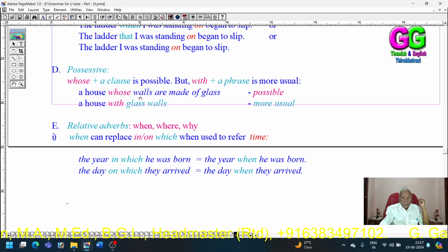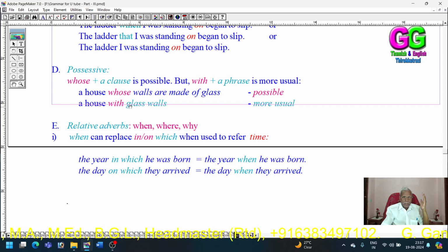A house whose walls are made of glass. It is possible. But in normal usage, a house with glass walls. It is the normal use. Here, whose is the possessive, and walls are made of glass is a clause.